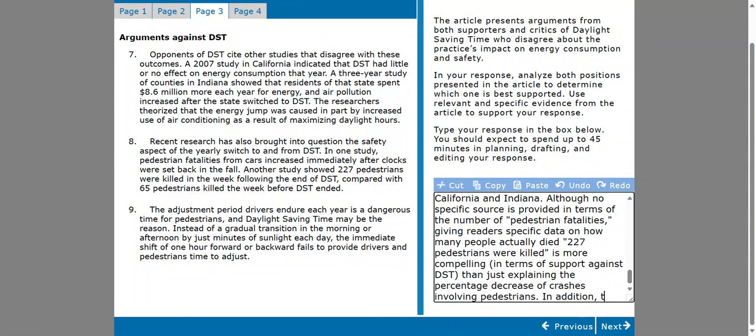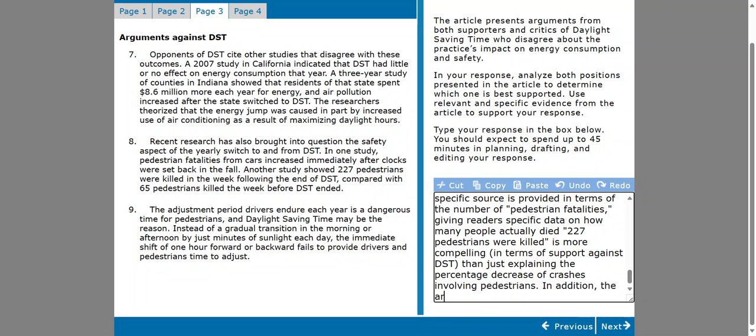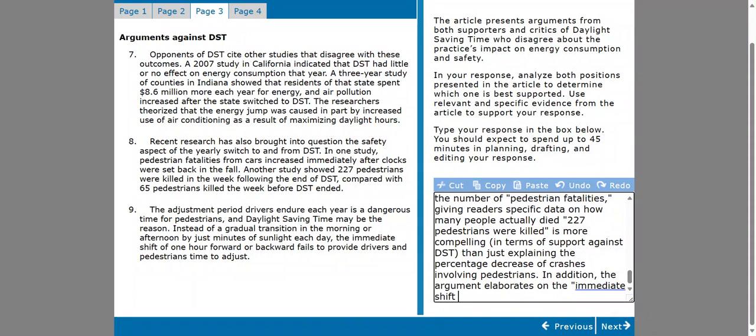In addition, the argument elaborates on the immediate shift of 1 hour.